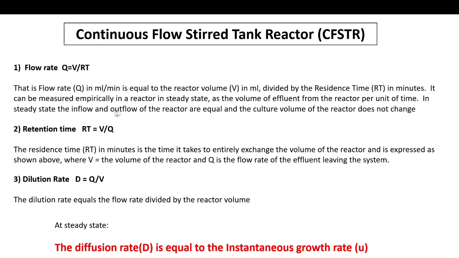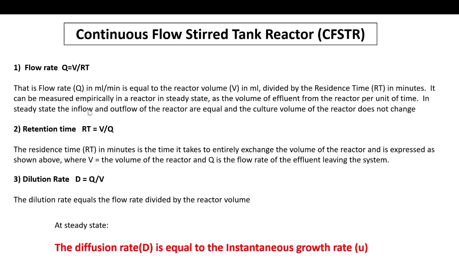It can be measured empirically in a reactor in steady state. Steady state means the rate of change of your substrate at steady state will be zero, as the volume of effluent from the reactor per unit of time. So in steady state, if you take the volume of effluent from the reactor per unit time, you can also calculate this flow rate.